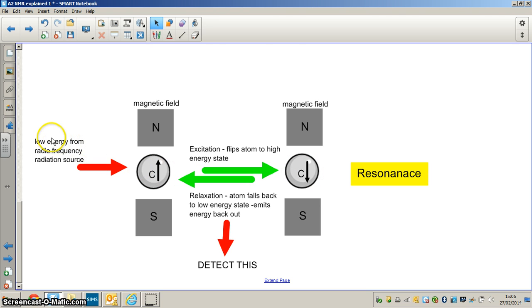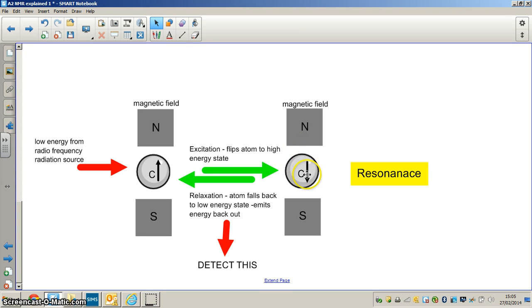So just quickly running through that, we give the atoms low frequency radiation, radio frequency energy basically, and at some point the frequency reaches a level where it causes the little magnets in some of the carbon atoms to be excited from the low state where they line up with the magnetic field to a high energy state where they're against the magnetic field.